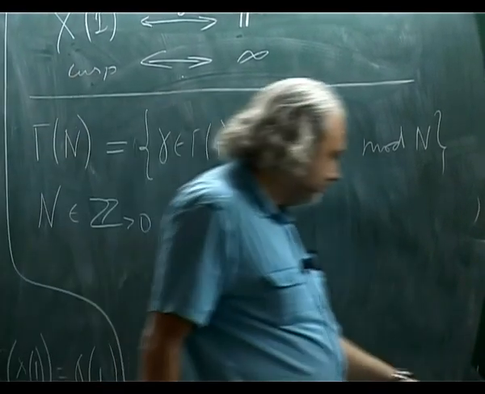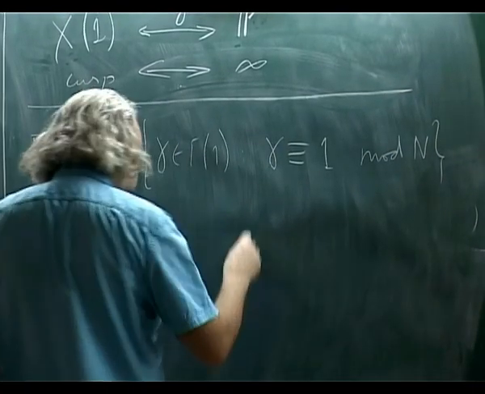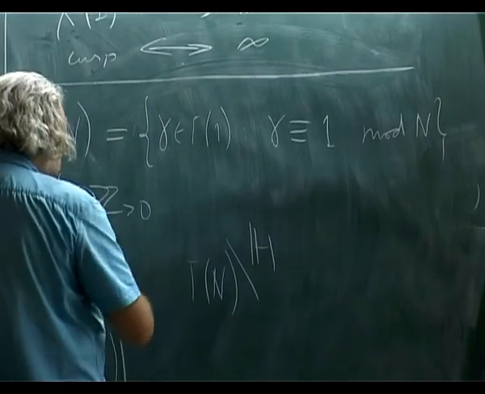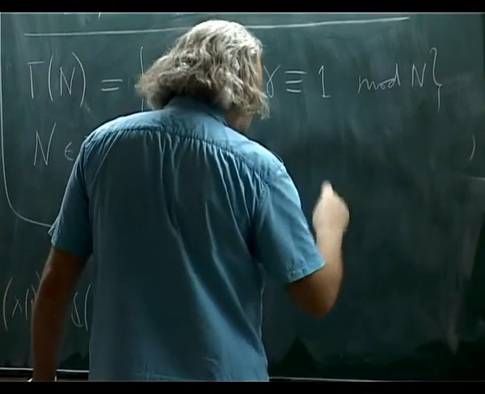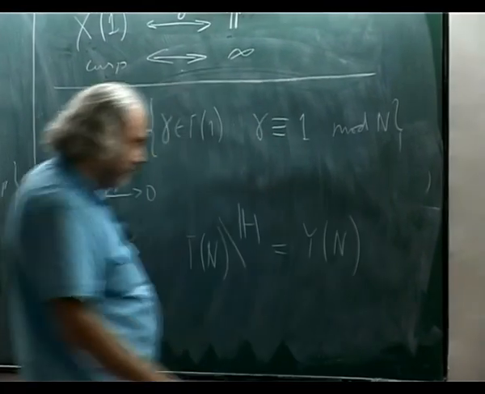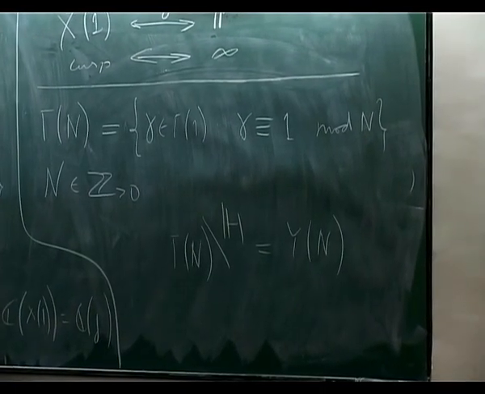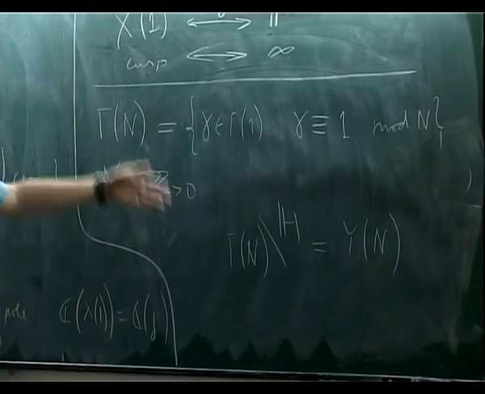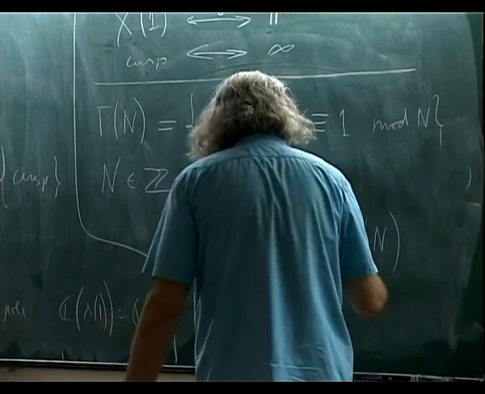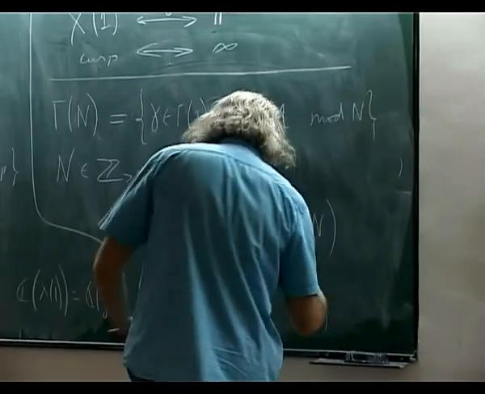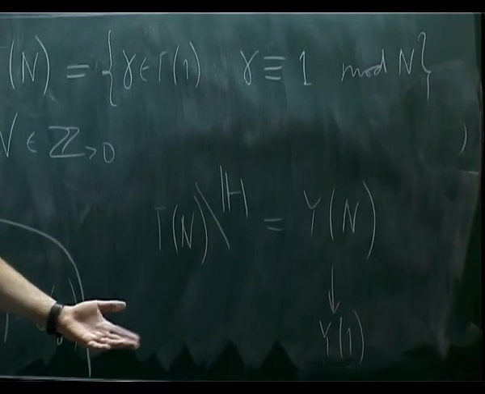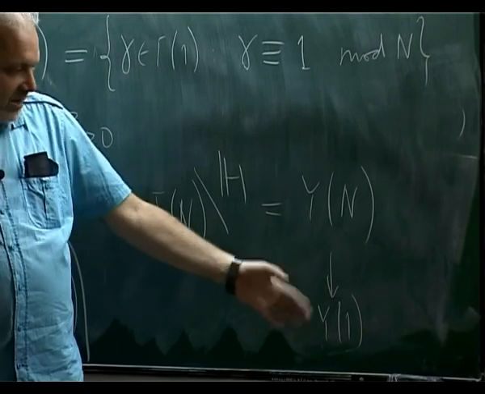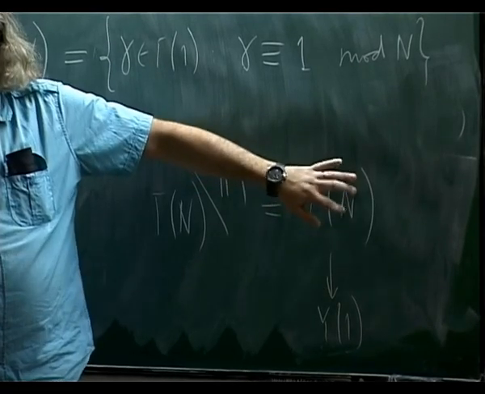And again, H by Gamma(n) is called Y(n). Since Gamma(n) is a subgroup of Gamma(1), this defines a natural map from Y(n) to Y(1), which means that every point here is an elliptic curve with something in addition.